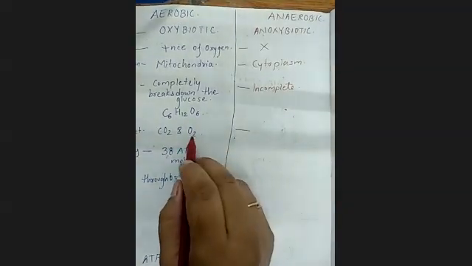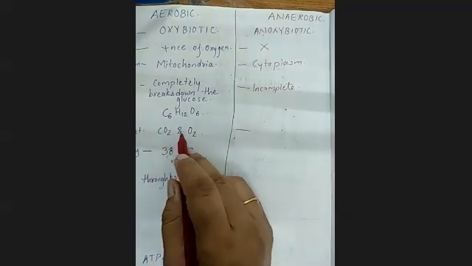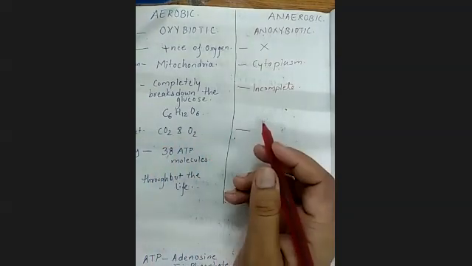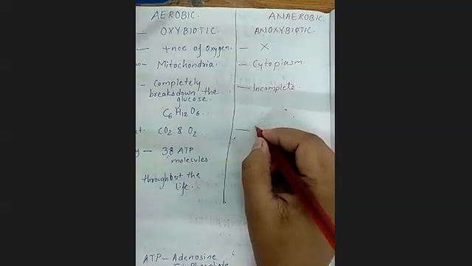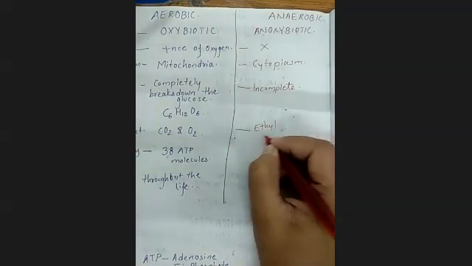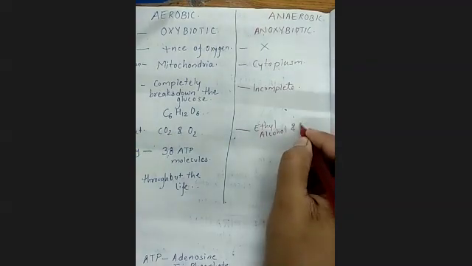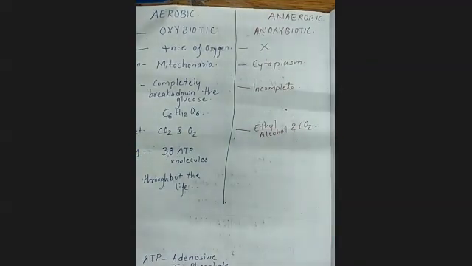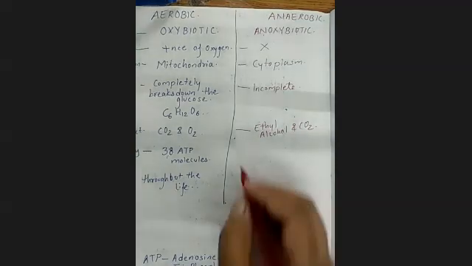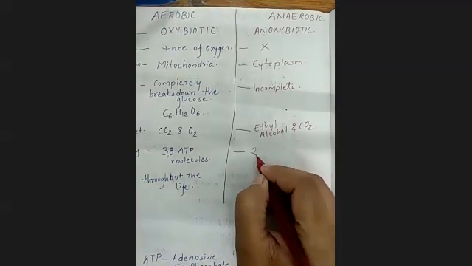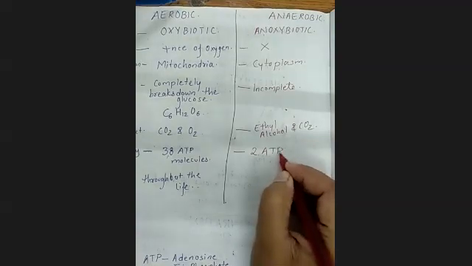Here in aerobic the end products formed are carbon dioxide and oxygen, while here ethyl alcohol and CO2 are formed. Okay, ethyl alcohol and CO2. Here the number of energy molecules is only 2.